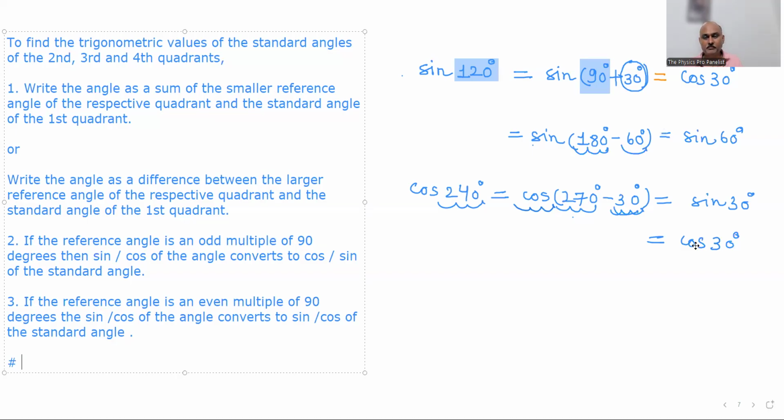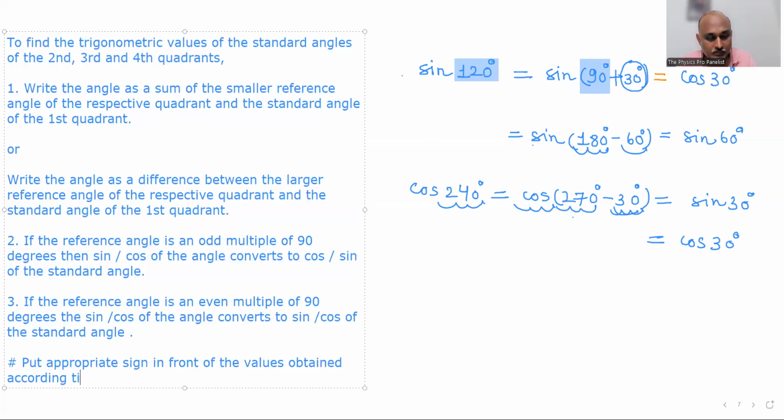The only thing you need to be very specific and careful about is to put the appropriate sign in front of the values obtained, according to the quadrant in which the angle lies.